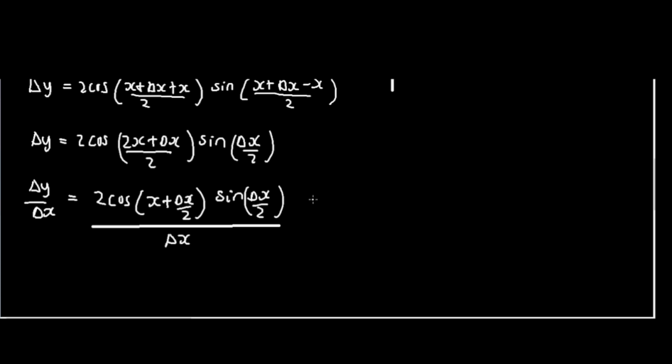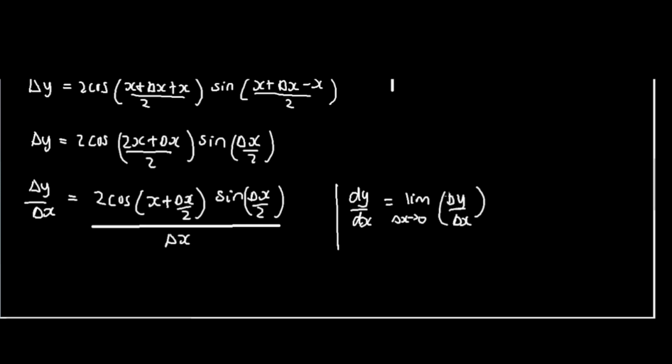So what's next? Remember that dy dx, which is our derivative function which we are looking for, is equal to the limit of the change in y over change in x as the change in x approaches 0.